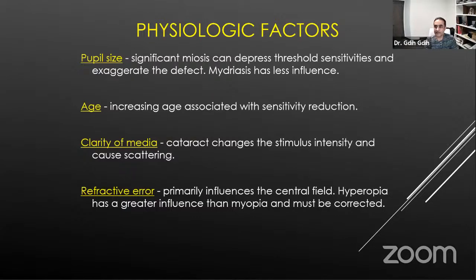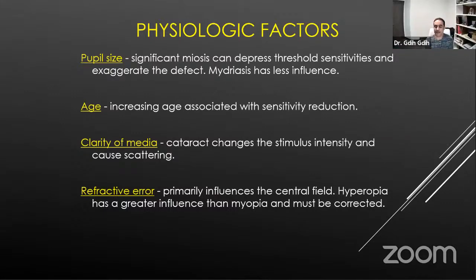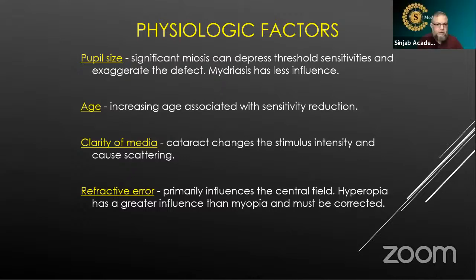And of course, Dr. Gdih, yes. May I ask you, please? When you mentioned the pupil size between 2 and 6, do you mean the mesopic pupil? Well, I mean the pupil size while the patient is in that test. So it's going to be the mesopic pupil, yes. Mesopic, yes. Okay.